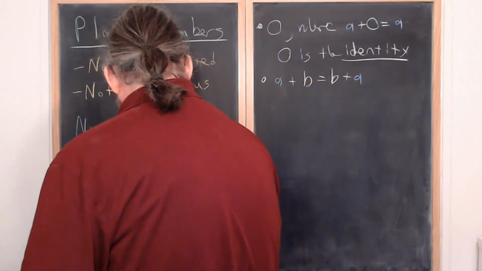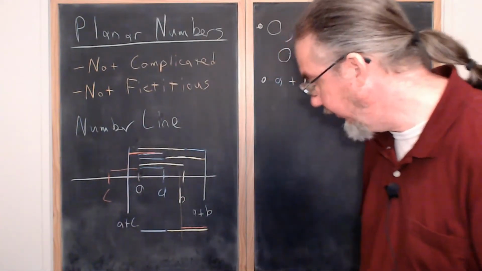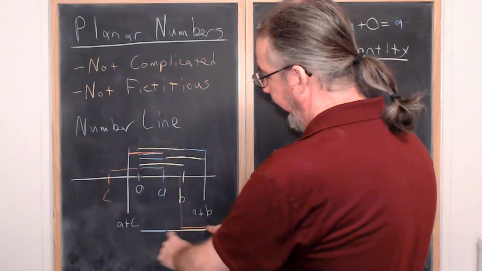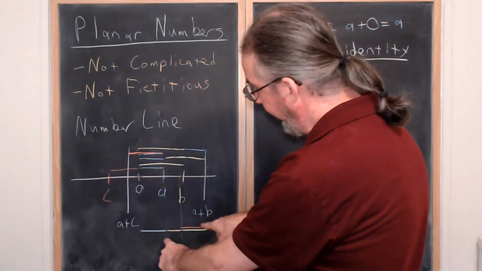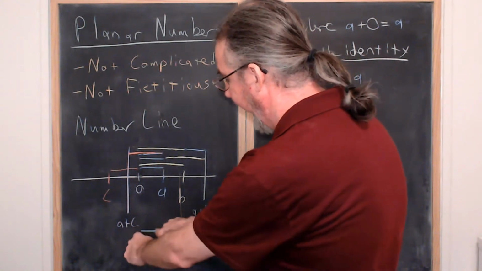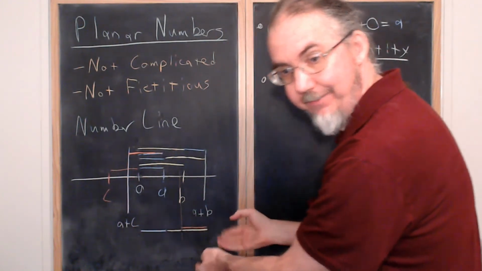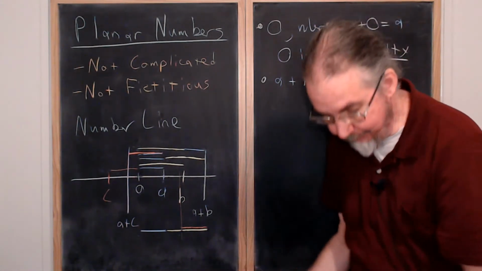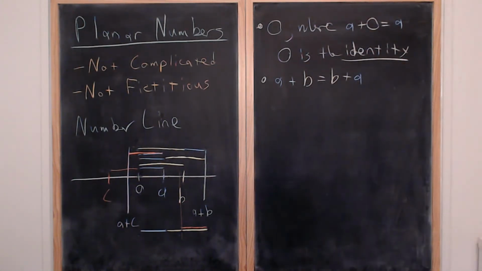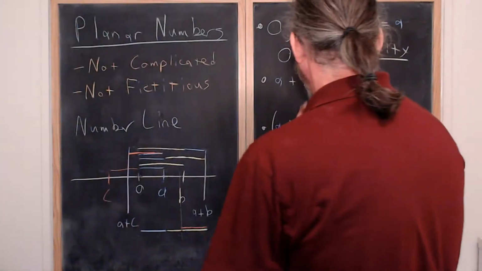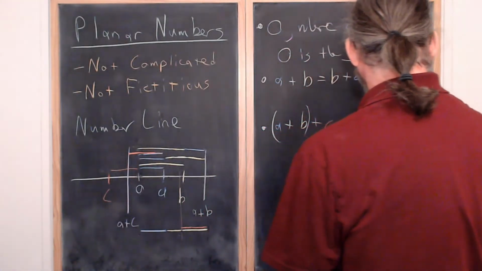It doesn't really matter which I did first. Do I add A plus B and then add C, or do I add B plus C and then add that onto the end of A? Either way, we have exactly the same diagram, which shows us that it doesn't matter where we put the parentheses.